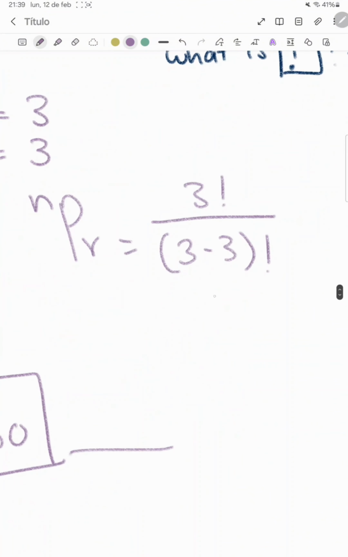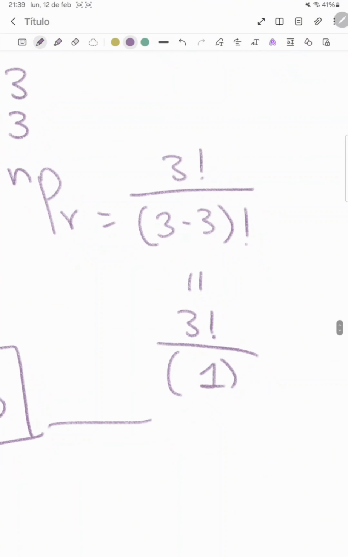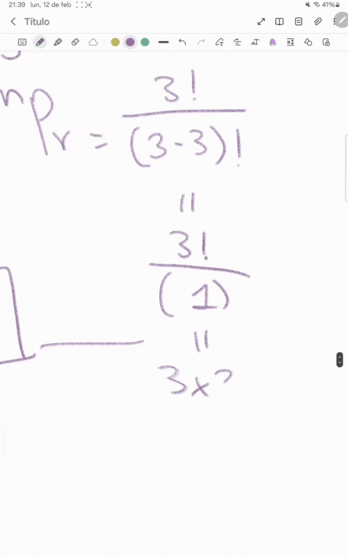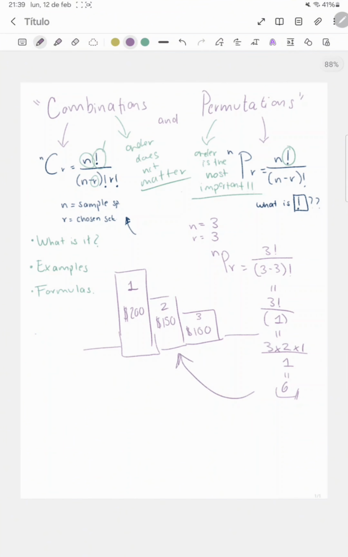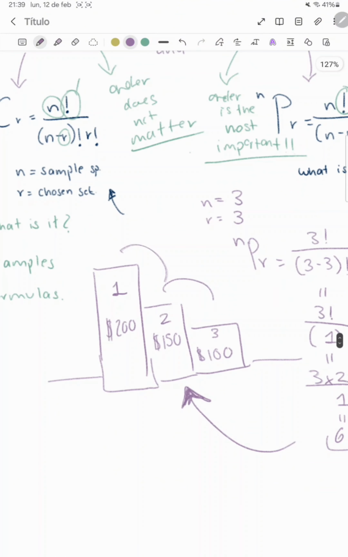So this will be 3 factorial over 0 factorial. Then, as I said before, the factorial of 0 is 1, so it will be 3 over 1. So it will be 3 times 2 times 1 over 1, which gives us 6. Given that we have only 6 possible permutations of how these 3 imaginary people who are buying the lottery tickets can win these places.